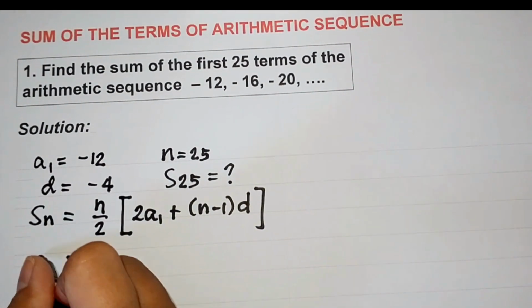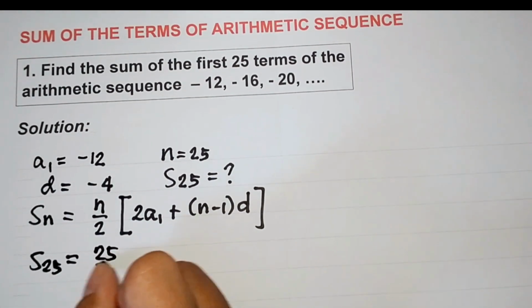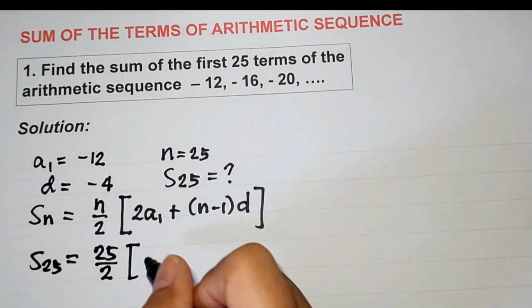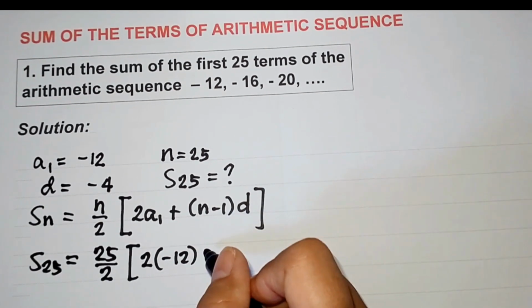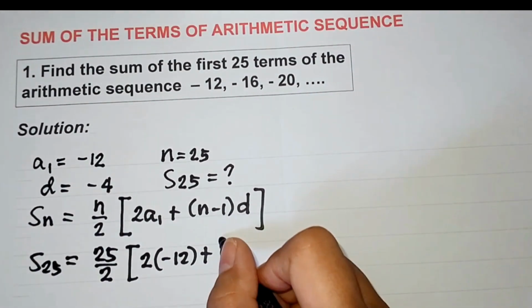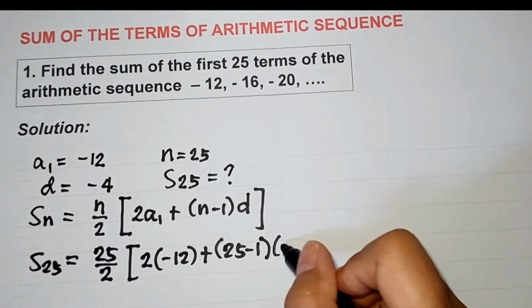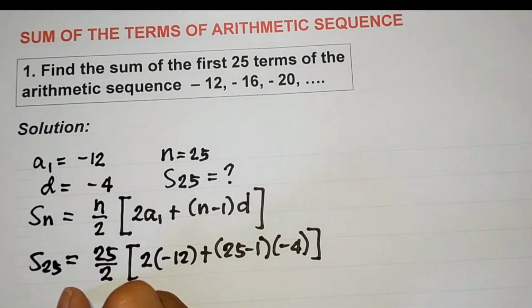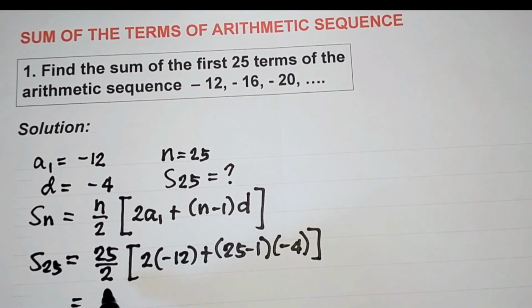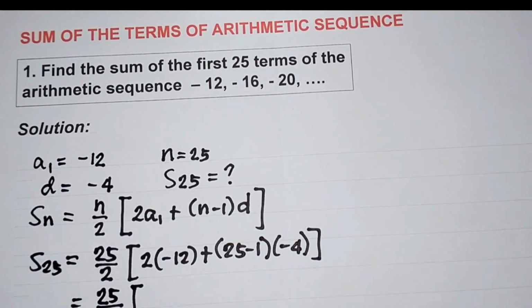So, therefore, S sub 25 is equal to 25 over 2 times 2 times a sub 1, which is -12, plus 25 minus 1 times d, -4. Since 25 is not divisible by 2, you can leave it as is for the meantime. Let's work on inside the parentheses.